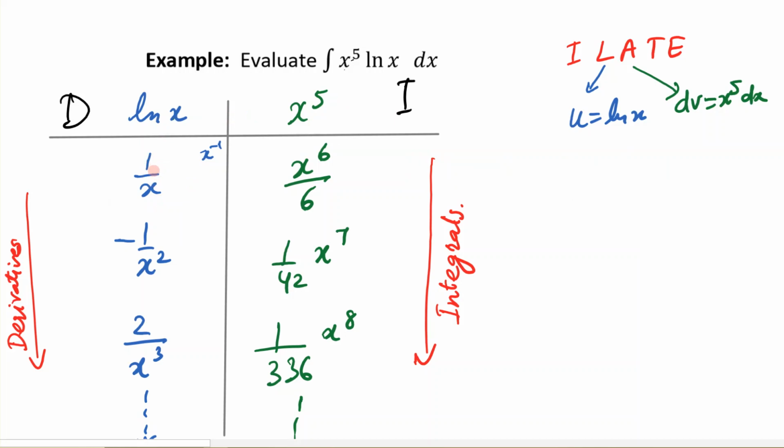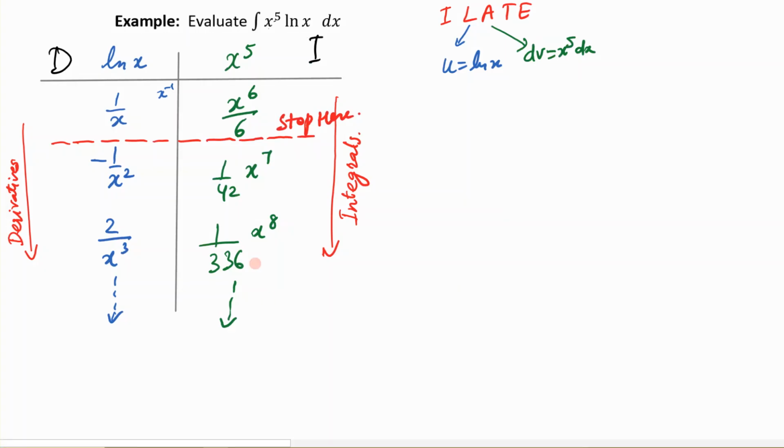But if we look at this row, 1 over x times x raised to the power 6 over 6, this is the integral of x raised to the power 5, which we know how to do using the power rule. So it means that is a good time to stop. We just stop at our second step here. When you can integrate the product of the row, you stop. So it means we don't need this.